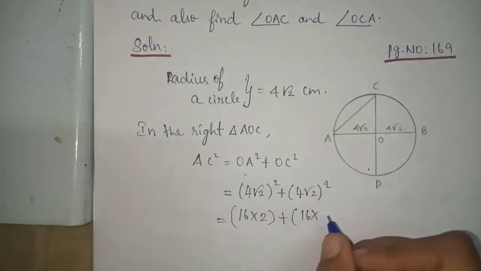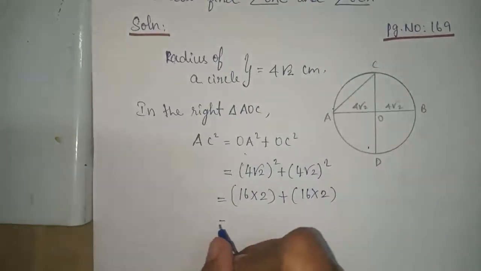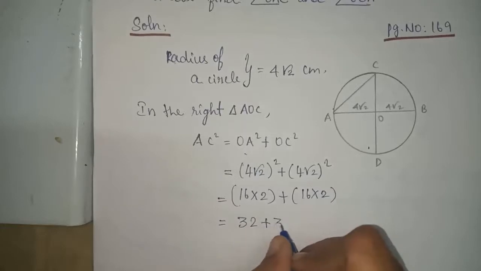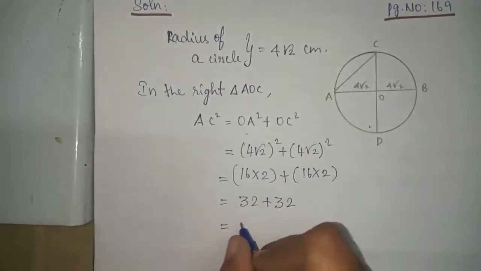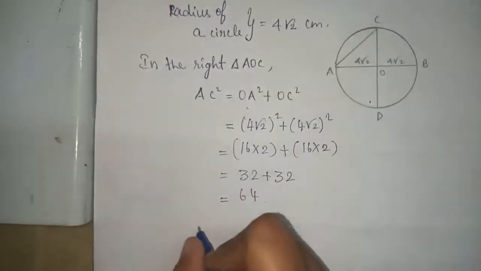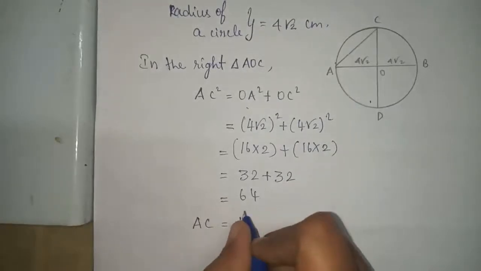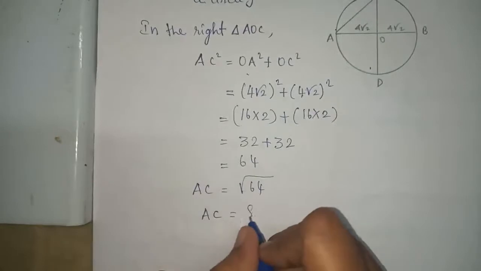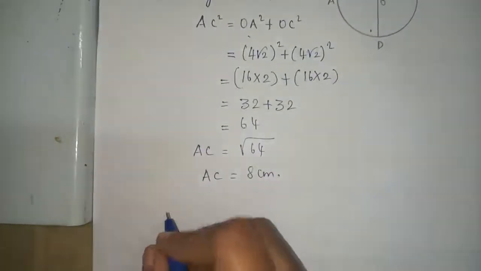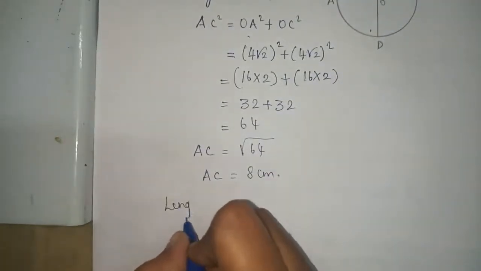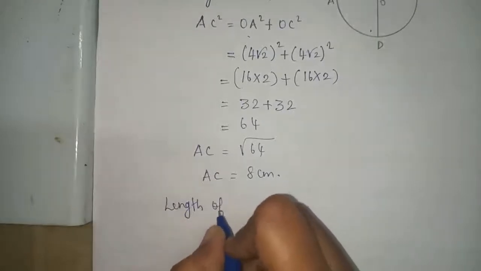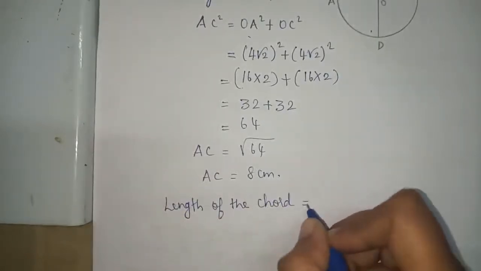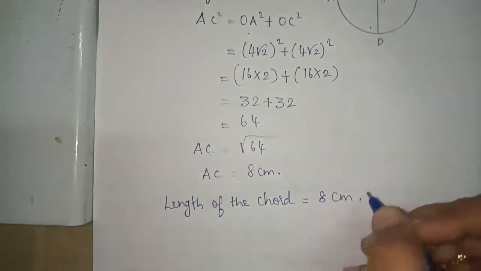Then root 2 the whole square is 2, which is equal to 16 into 2 is 32 plus 32, which is equal to 64. Therefore AC is equal to root of 64. Therefore, AC is equal to 8 centimeter. That is, the length of the chord is equal to 8 centimeter.